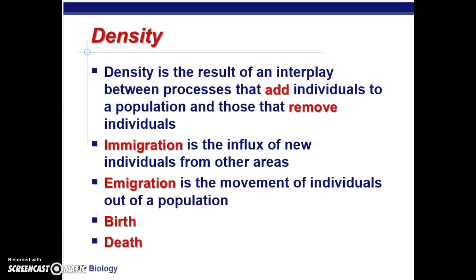We can have immigration, which is the influx of new individuals from other areas into the population that we're looking at. Or we have emigration with the E, which is the movement of individuals away or out of the population. We have, of course, birth and death as ways to add or take away from the population's size or density.